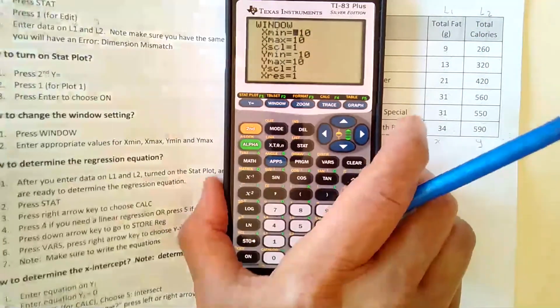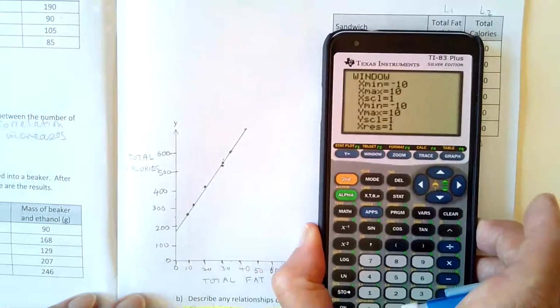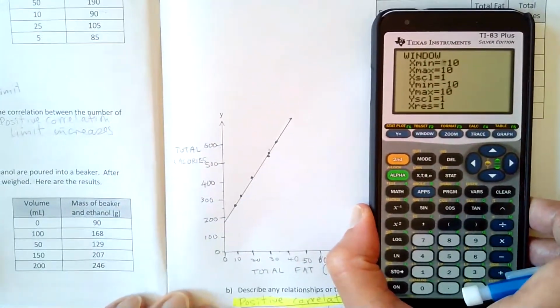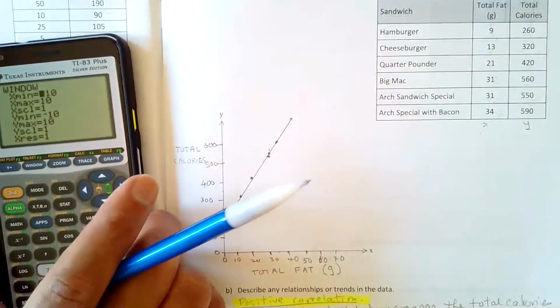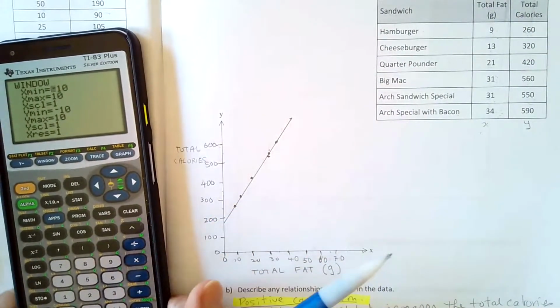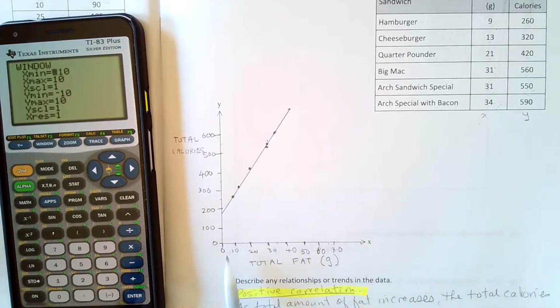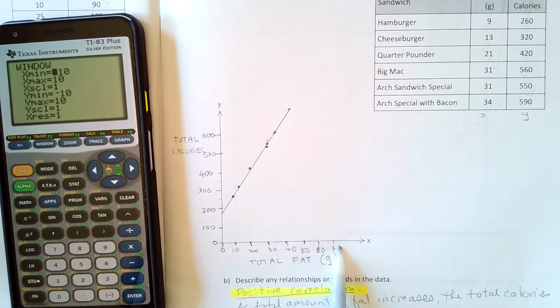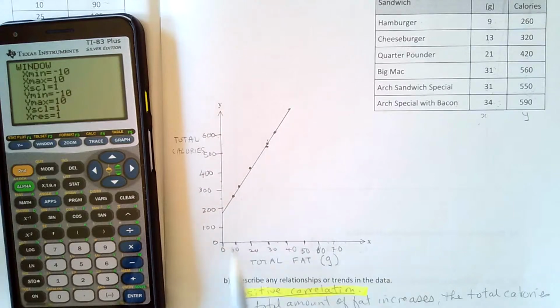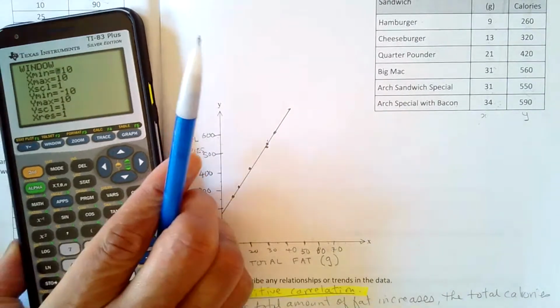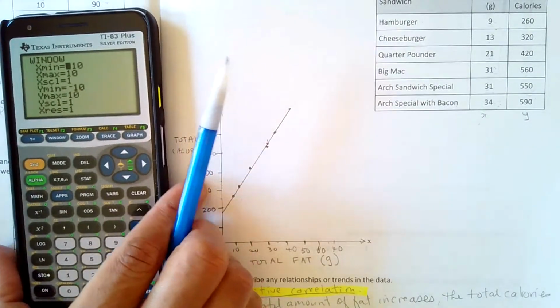So let's show you what I'm referring to. If we go back to our graph, we have our x coordinate being up to 70. And 0 is the minimum. So we'll make that minimum 0.